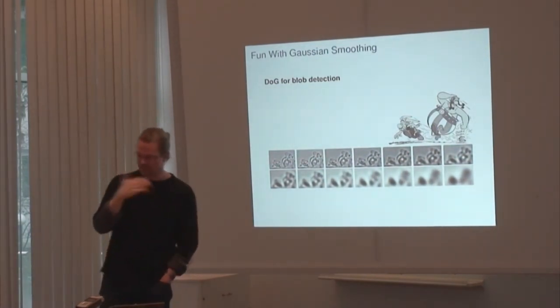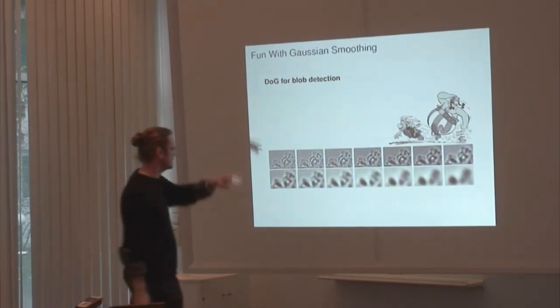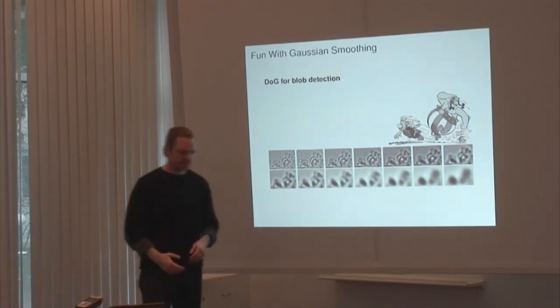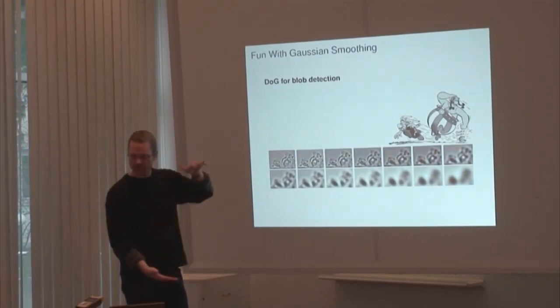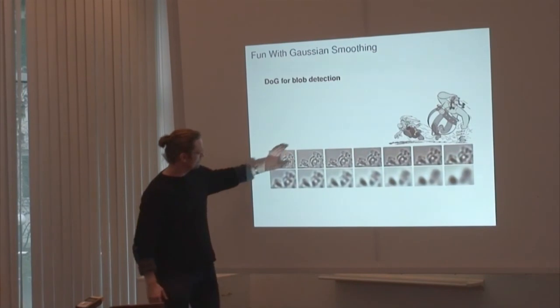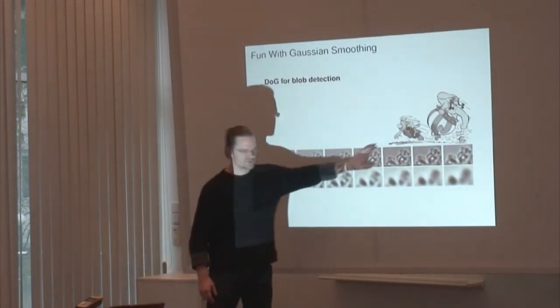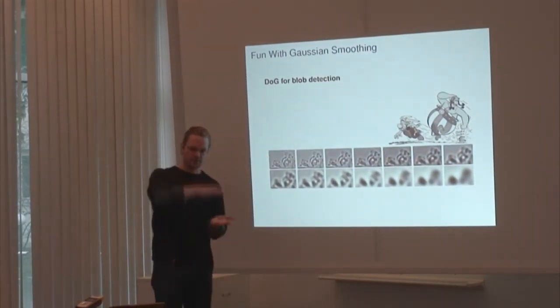Once we are given such a number of difference of Gaussian images, these are 14, we can create a three-dimensional array where we stack this one on top of this, and so on and so forth. So we create a stack of images.